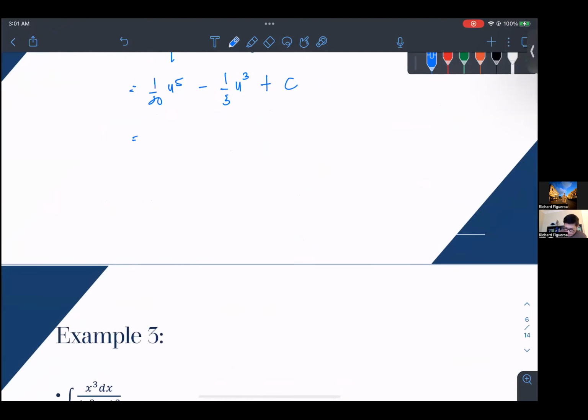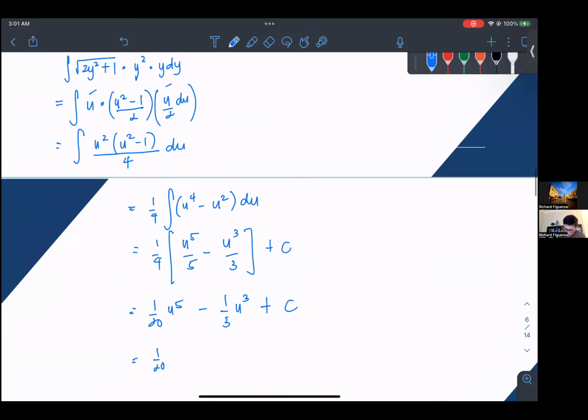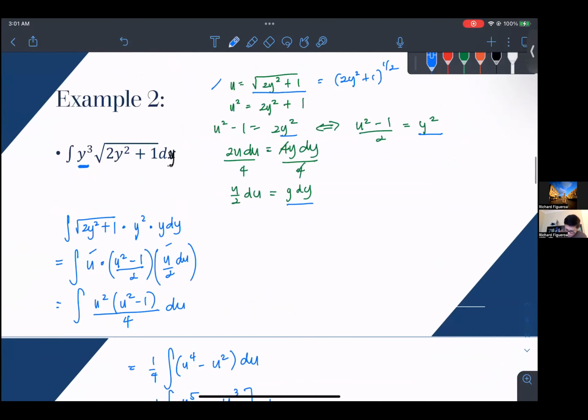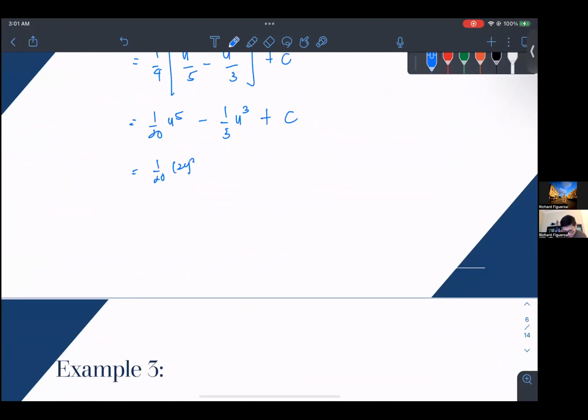So that will be 1 over 20, 2y squared plus 1 raised to 1/2, and then raised to 5. So that is 1/2, then raise it to 5. And the other one is 1/3, 2y squared plus 1 raised to 1/2 raised to 3.